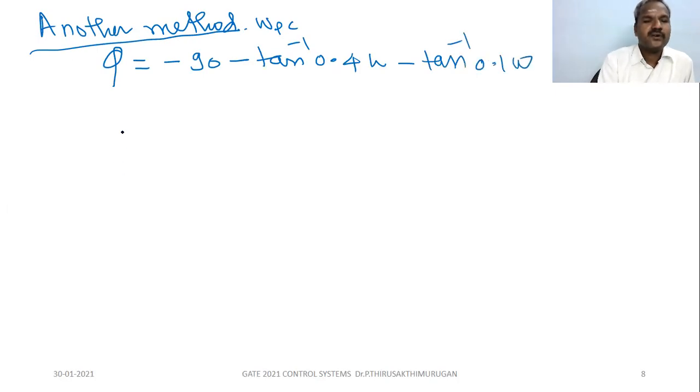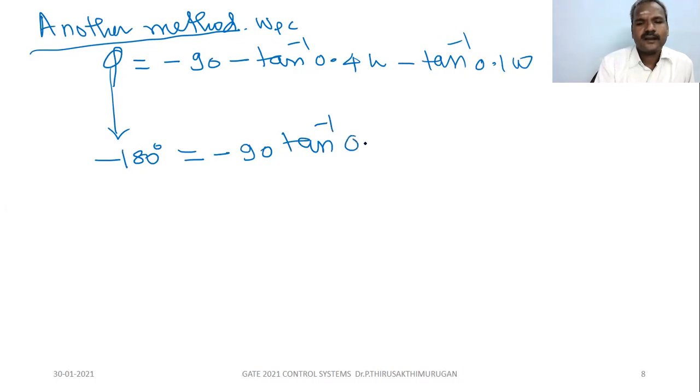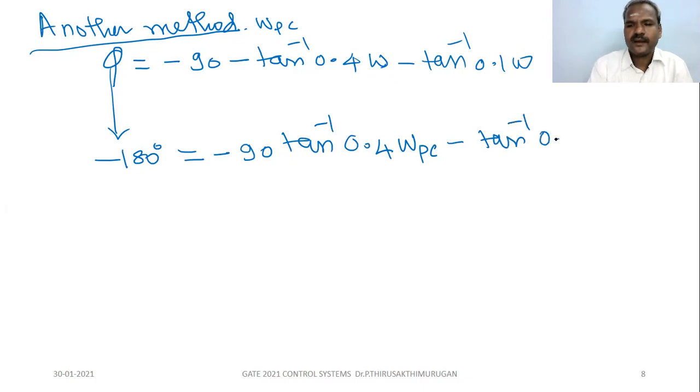Understand? So what is omega PC? The corresponding angle is minus 180. Minus 180 equals minus 90 minus tan inverse of 0.4 omega PC minus tan inverse of 0.1 omega PC, replacing omega by omega PC.